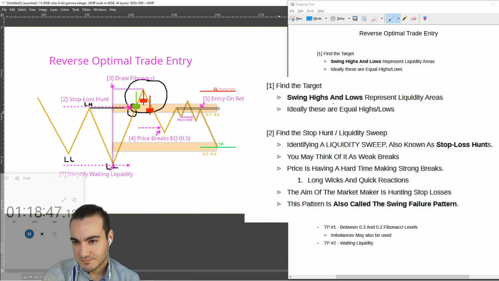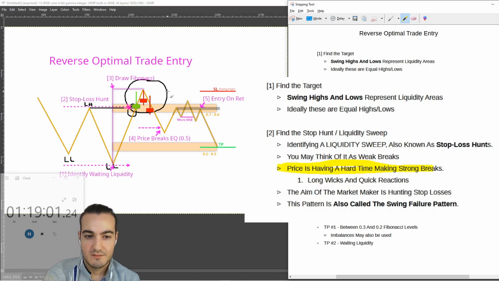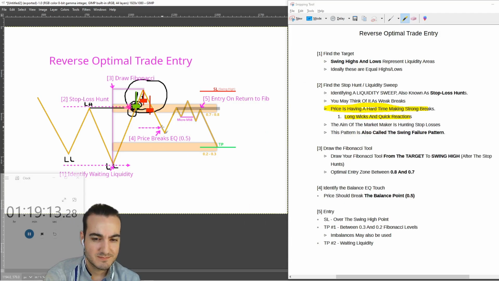That's what he says. Prices are having a hard time making strong breaks. We have the long wicks, quick reactions, so big wicks, small bodies, also called a swing failure pattern.